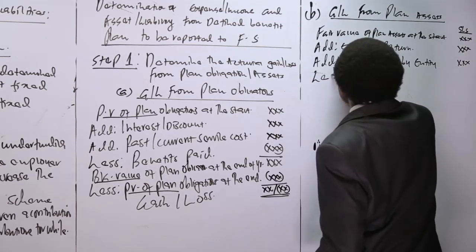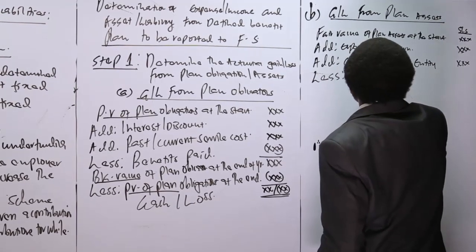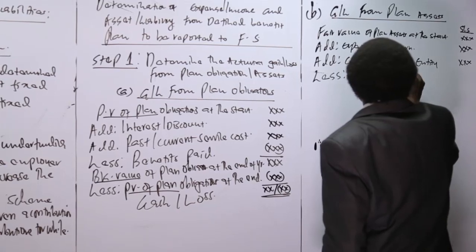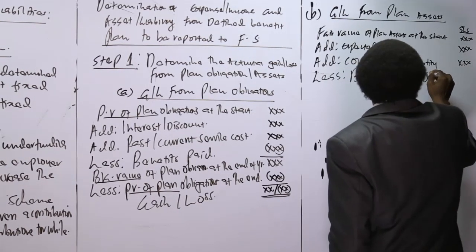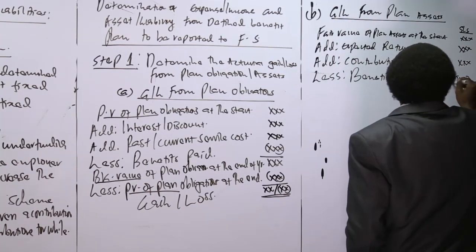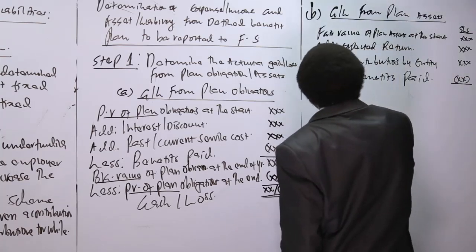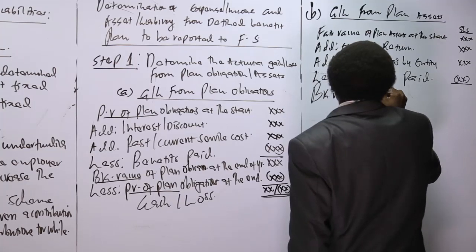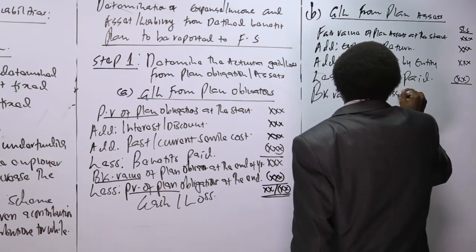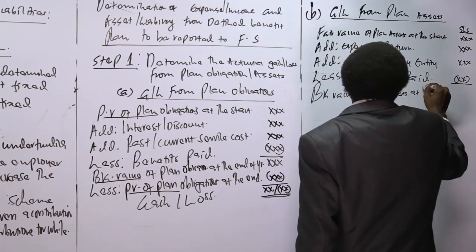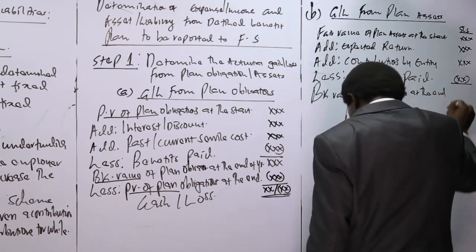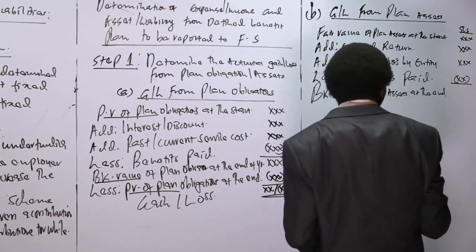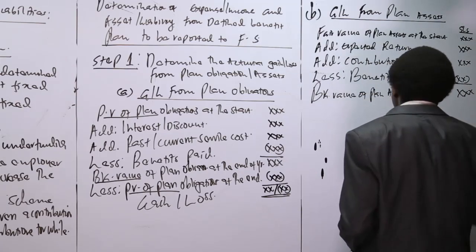We also less the benefits paid. Then we have the book value of plan assets at the end. So this is what you get there.